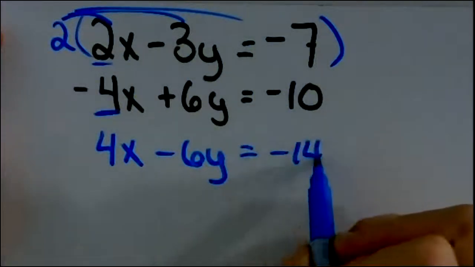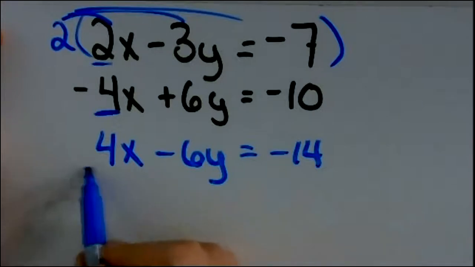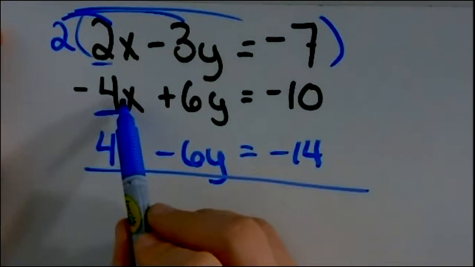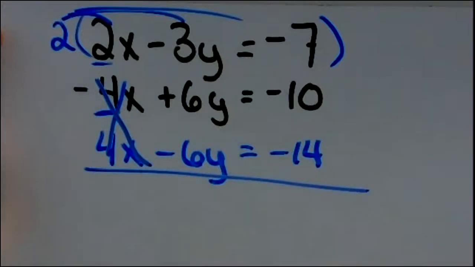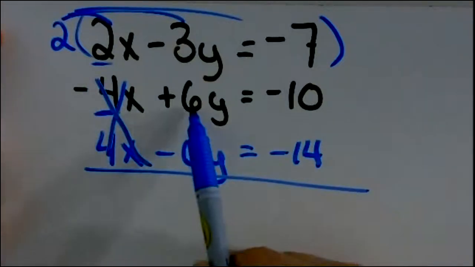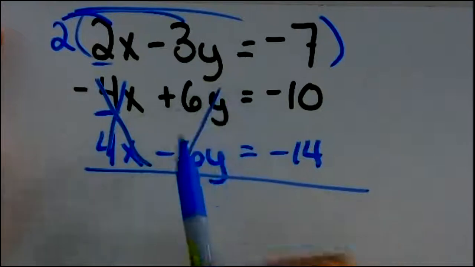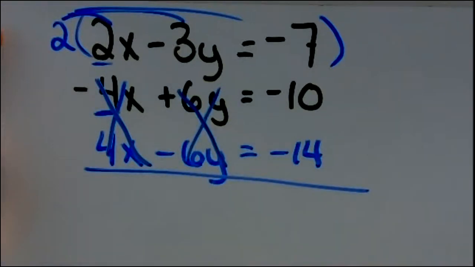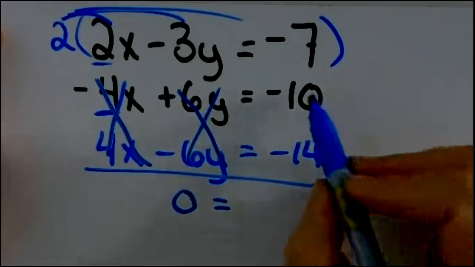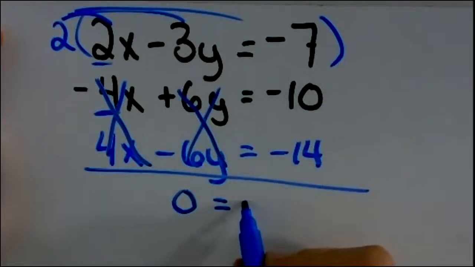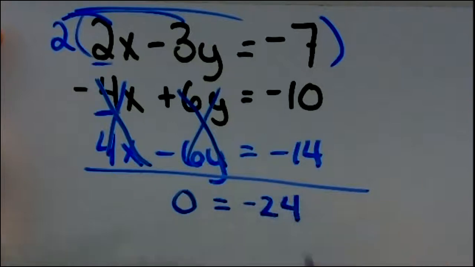So if I add those vertically, negative 4 plus 4 cancels out. It eliminates the x's. But in this case, 6y minus 6y also cancels out. So I'm left with nothing on the left side, and then negative 10 and negative 14 gives me negative 24 on the right side.